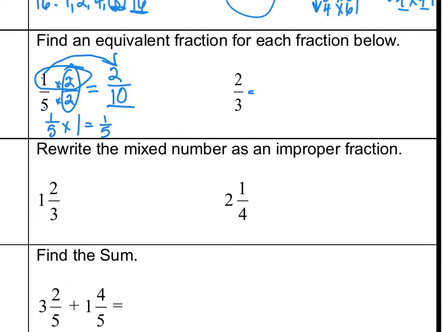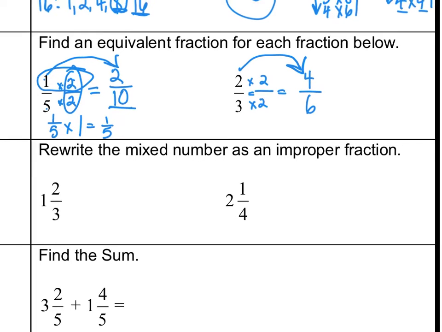Okay? And we know what we're really doing. We're really multiplying this times 1 but in a different form. So if we double both of these, remember 2 over 2 still equals 1. 2 times 2 is 4, and 3 times 2 is 6. So 2/3 is the same as, or equivalent to, 4/6.